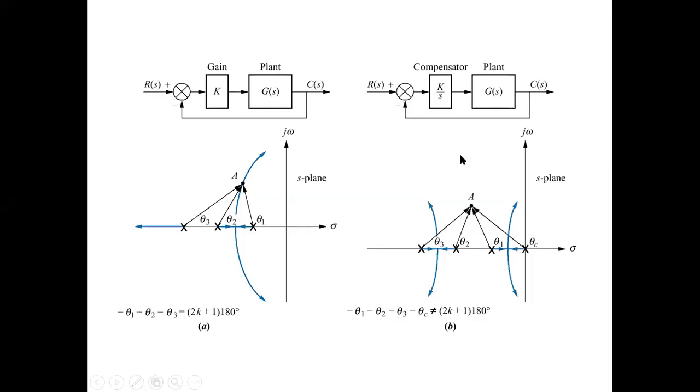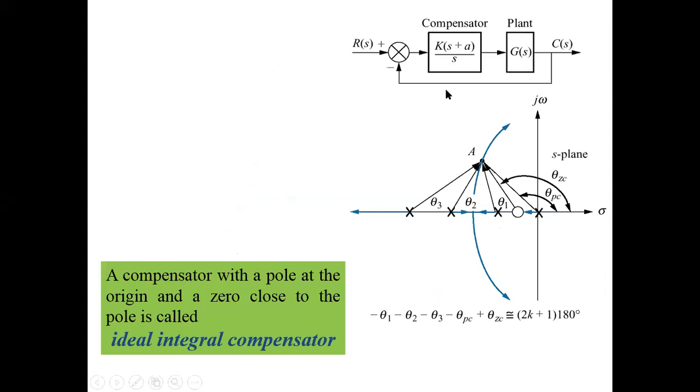The second technique does not use pure integration. This compensation technique places the pole near the origin, and although it does not drive the steady state error to zero, it does yield a measurable reduction in the steady state error.